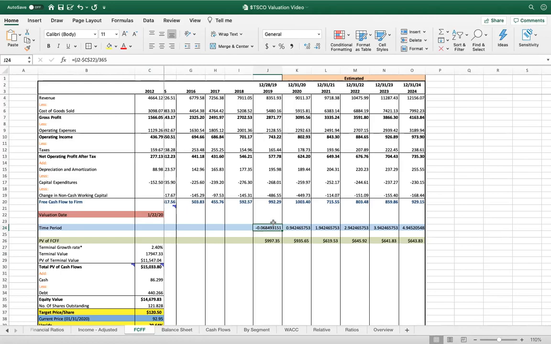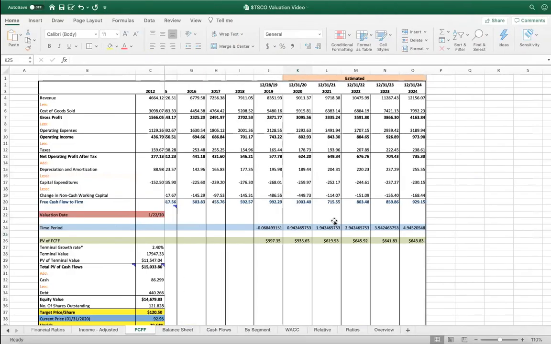It's based on the difference between the valuation date and the fiscal year ending date, simply divided by 365, and you get the time period. For the next year, you can use a similar way, calculating the difference divided by 365, or you can simply add 1 to get the next year's time period.